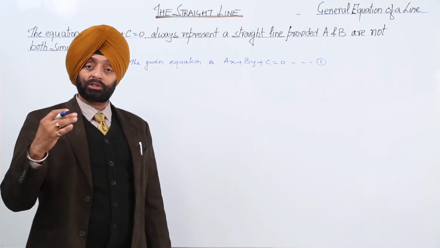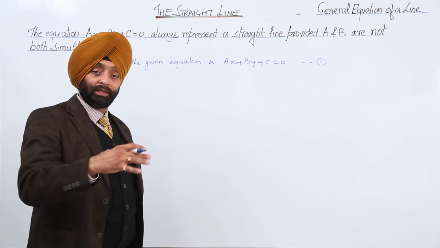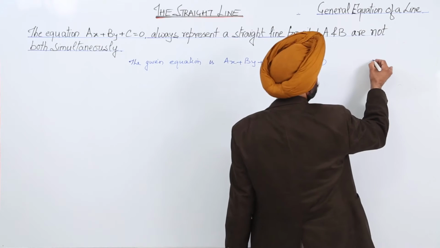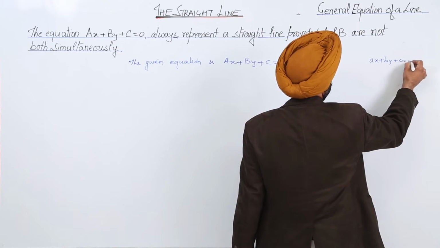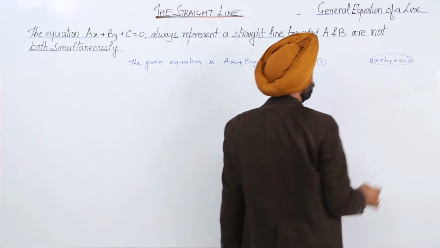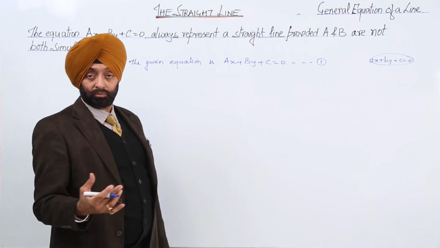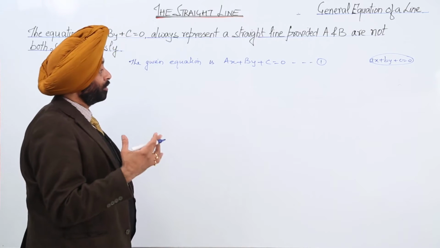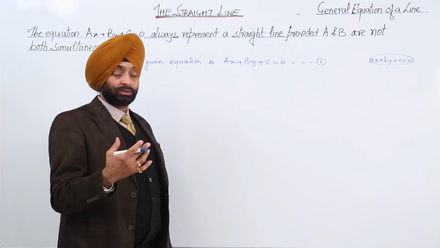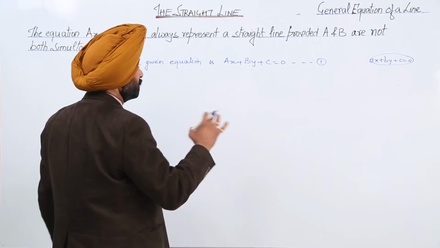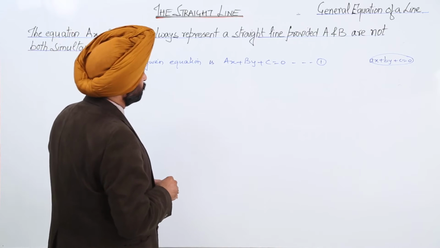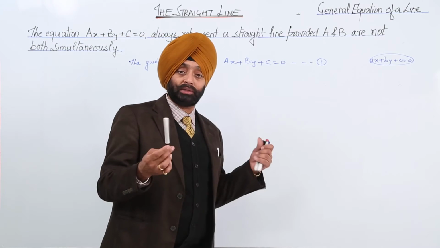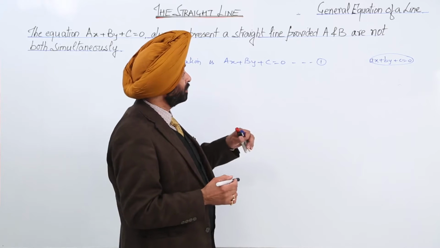We have already used these small letters in the earlier equation form, so I am just using capital A, capital B and capital C just to distinguish between the two. Now the given equation is Ax plus By plus C is equal to 0 and it is a first degree equation in x and y.